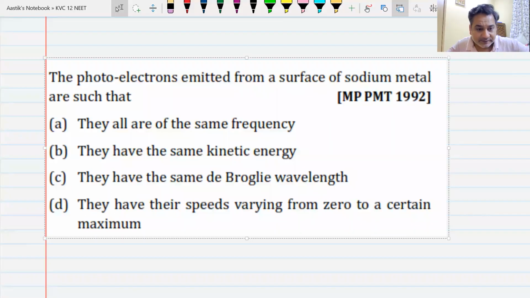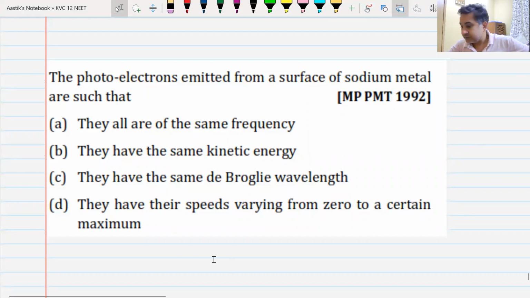Which one? If it is taking so long, that means you don't know the answer.